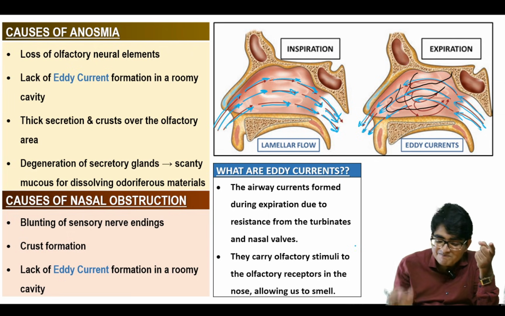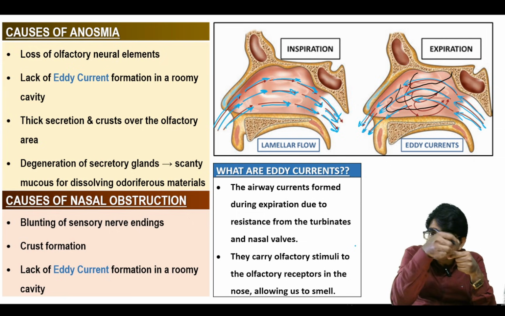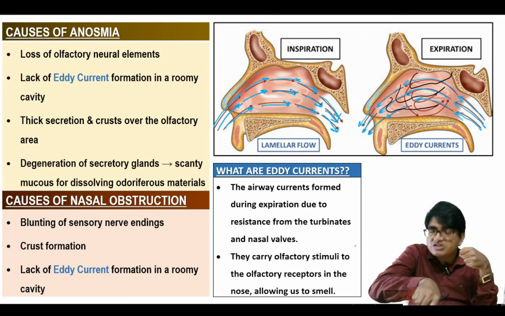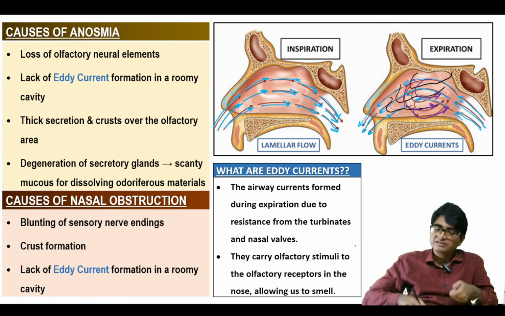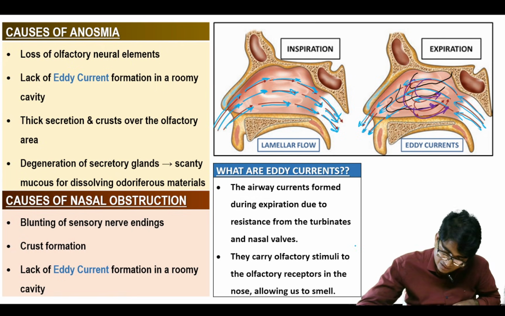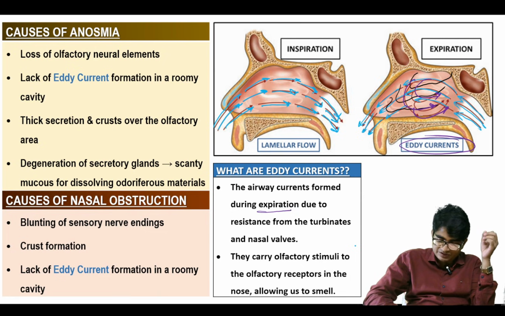So some portions of these air currents are getting reflected off those turbinates and going like this towards the inside. They are known as eddy currents. So they are formed during expiration due to resistance from the turbinates and nasal valves. Correct? Okay. What is the use of them?